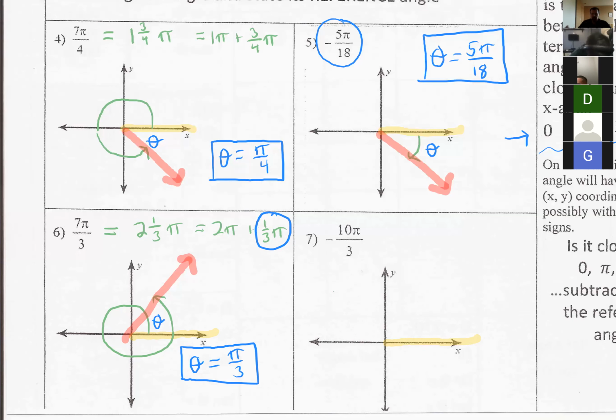So on this next one, we'll look at one with the negative, where it uses the negative x-axis. So first thing I'm going to do is write this as a mixed number, training my mind to think in radians right now. So this is -3 1/3 when you convert 10 over 3 to a mixed number. So you could think of this as -3 pi minus 1/3 pi.